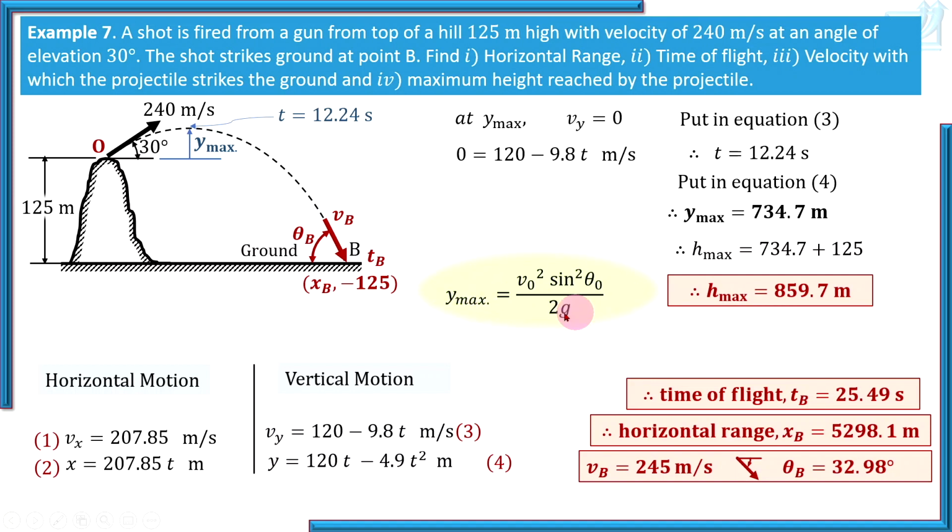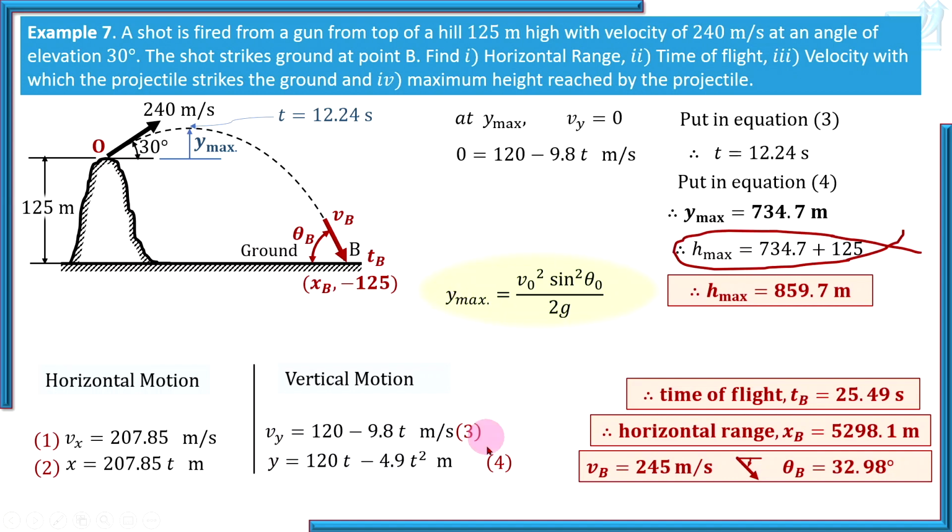So you can use this formula, that is put V0 is equal to 240, theta 0 is equal to 30, g as 9.8 and you will get y max value same 734.7. And then adding 125 you can write final answer. So there are two ways to find y max. If you are using equations of motion, horizontal vertical equations of motion, then put Vy equal to 0, you will get time t and put that time t in equation 4 for y max, or use this formula.